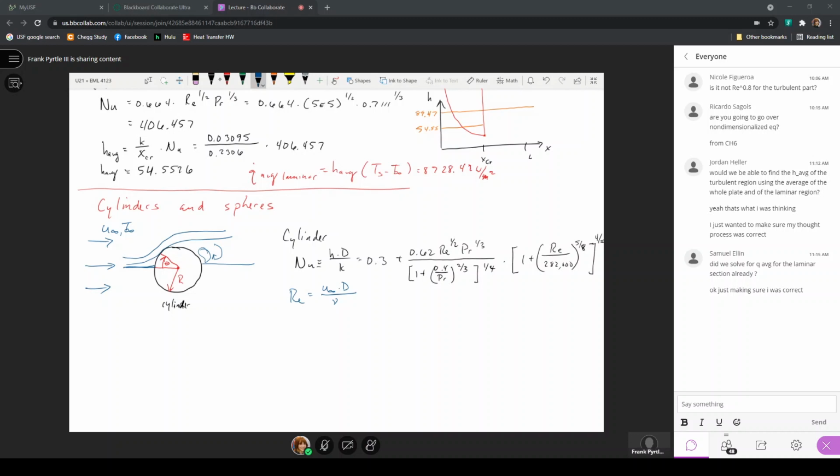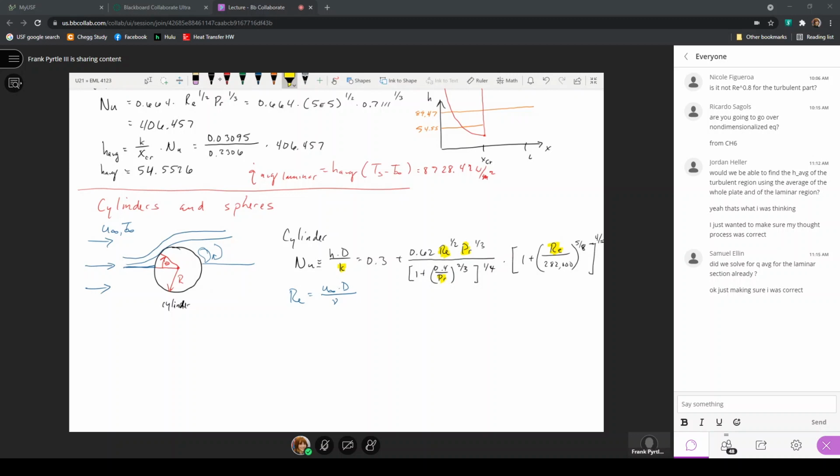In order to calculate, eventually, the heat transfer coefficient, I'm going to need the thermal conductivity, the Prandtl number, and the Reynolds number. Just as we did before, the Nusselt number has in this definition the Reynolds number and Prandtl number. There are just different functional dependencies for each of them.